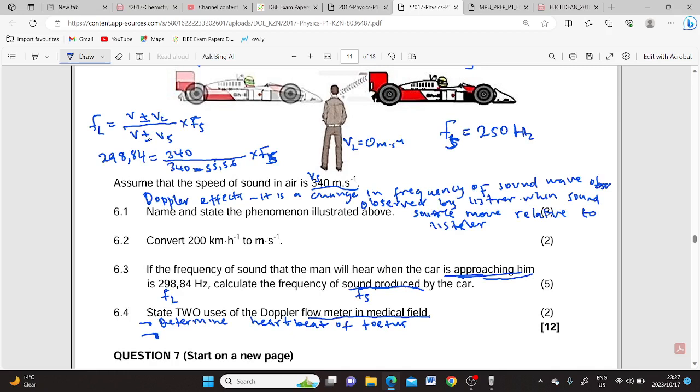Number two, determine whether arteries are blocked.